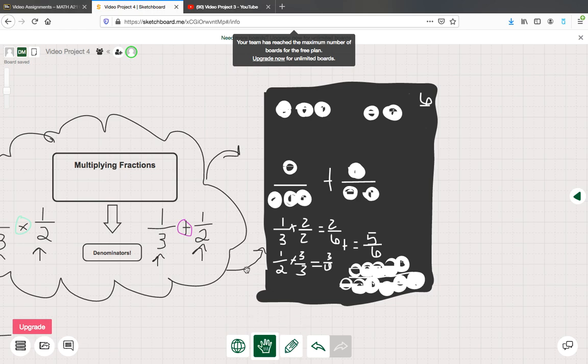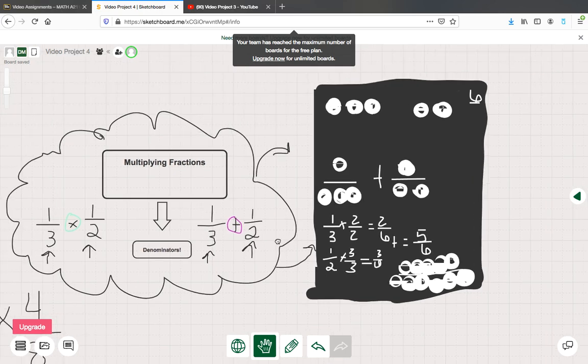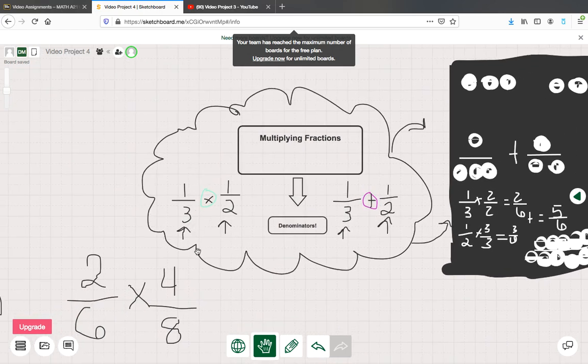Okay, so now that we've seen how to add with fractions and how the denominator is very important in adding fractions, we're going to go over to the multiplication side of this.